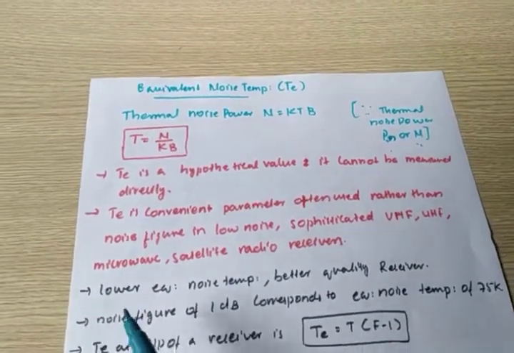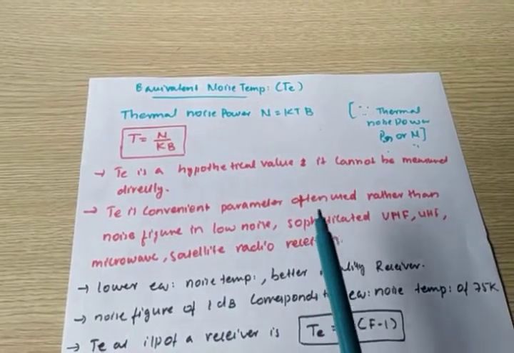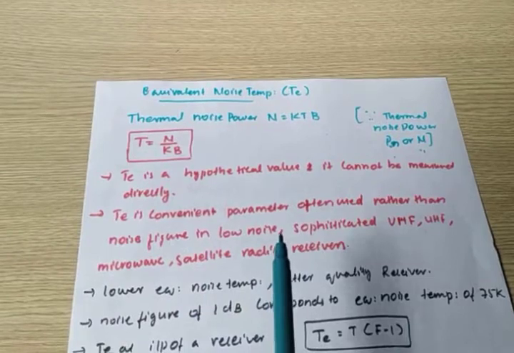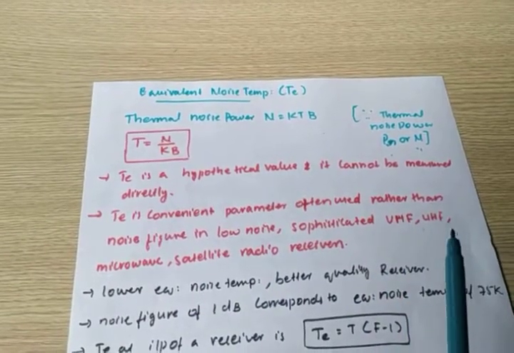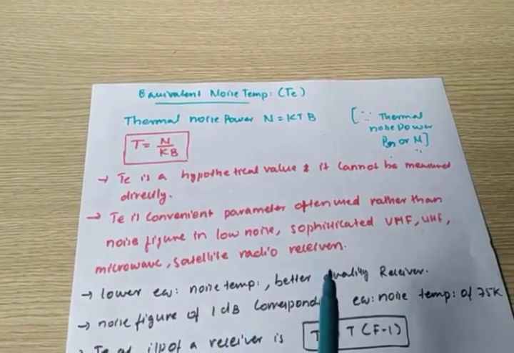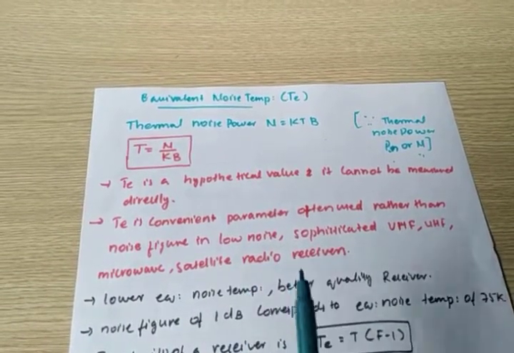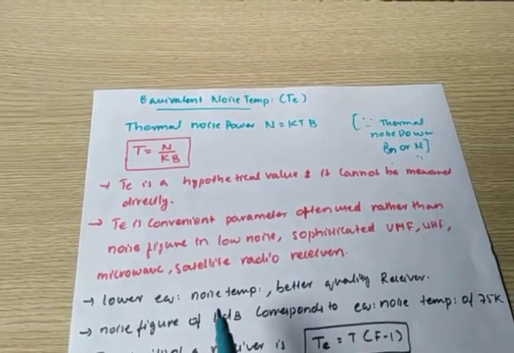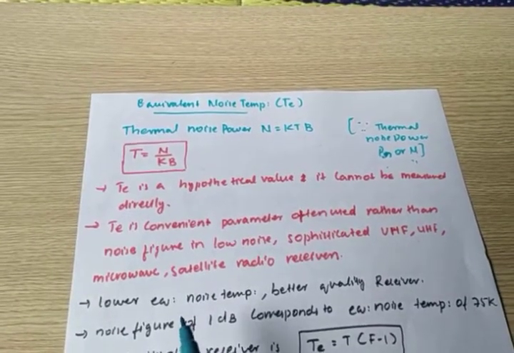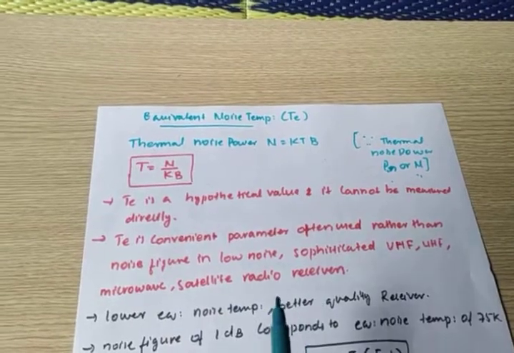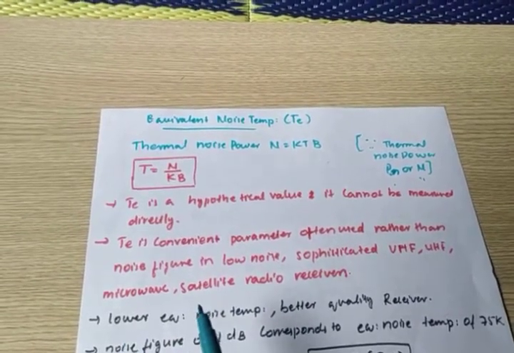Te is a convenient parameter, often used rather than noise figure, in low noise sophisticated UHF and VHF microwave satellite radio systems. In ultra high frequency, very high frequency, microwave and satellite systems, we use Te instead of noise figure.